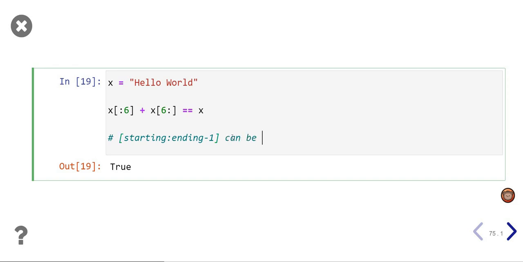This can be both positive or negative indexes. You're just going to specify the starting point and ending point. Yes? Which one is false? Okay, let's see why.